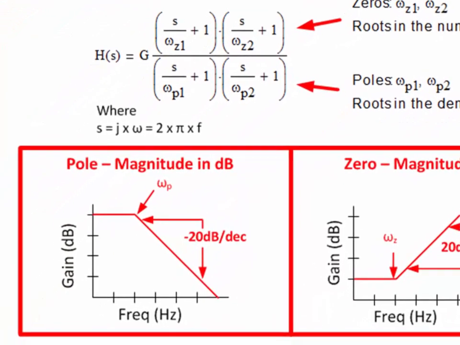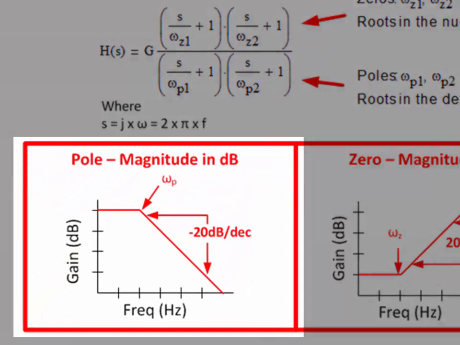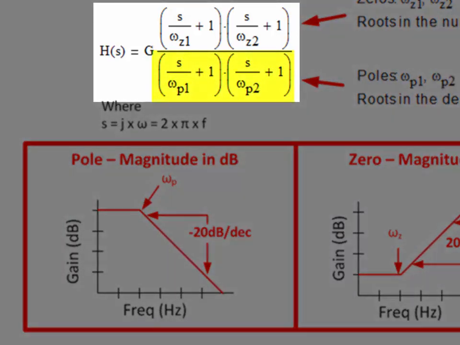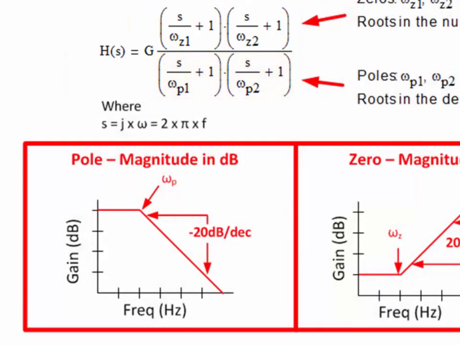A plot of gain versus frequency for a pole is shown in the lower left. Notice that the gain is given as magnitude in dB. Note that the gain of a pole decreases, or rolls off, at a rate of -20 dB per decade in frequency. This makes sense because for higher frequencies, the denominator will become large, causing the magnitude to decrease.